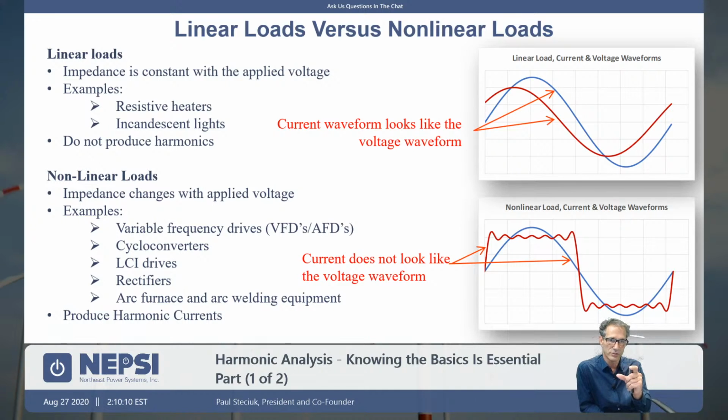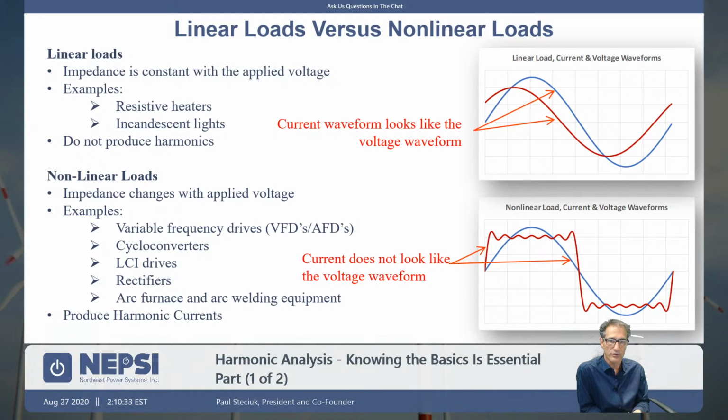If I put a sinusoidal voltage across that element, I will have a resulting sinusoidal current. It will have the exact same shape, and that's called a linear load. Examples are incandescent lights, resistive heaters, and even induction motors, for the most part, are linear loads.